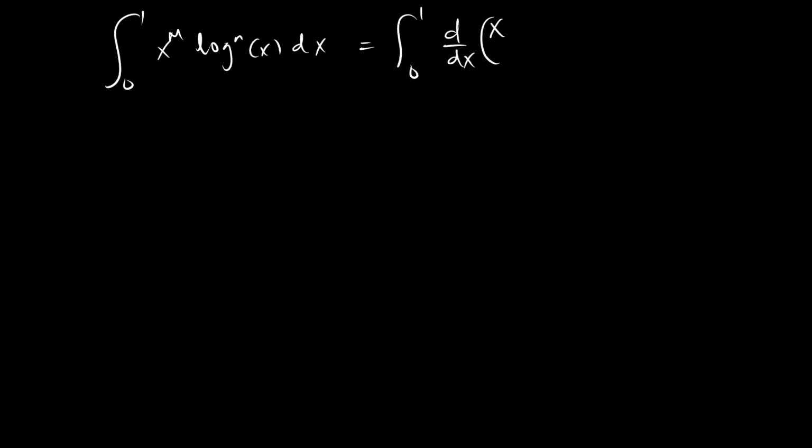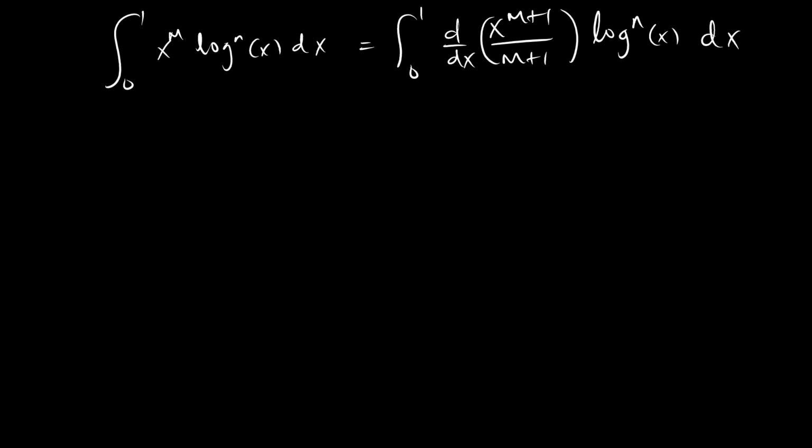So our problem here can be expressed as the derivative of x to the power m plus 1 over m plus 1 times the logarithm, and from here we're going to use integration by parts.